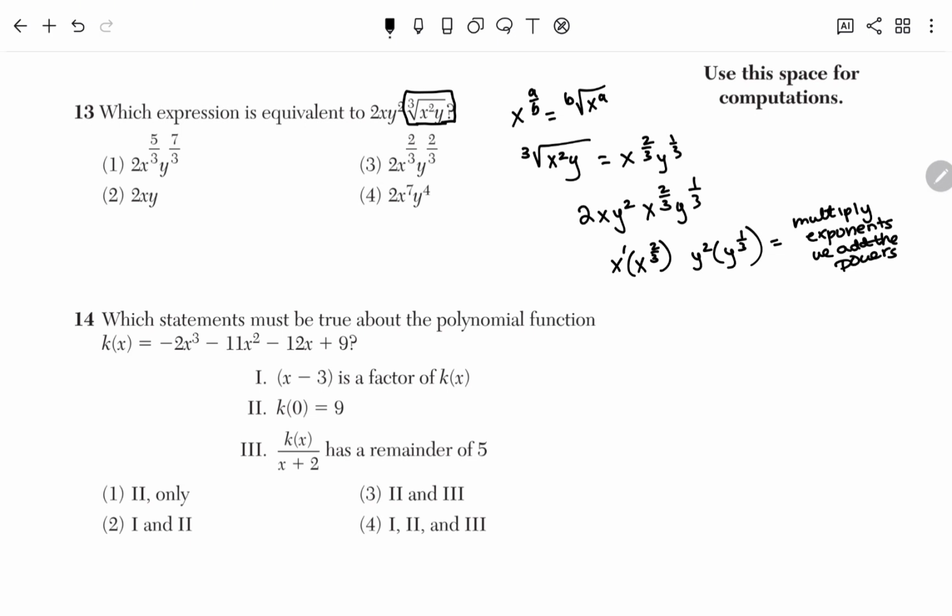So here, this x has a power of 1 over 1. So to add them, we need common denominators. So the x to the 1 becomes x to the 3 over 3, and that plus x to the 2/3 is x to the 5/3. Because when we multiply them, we add the exponents.